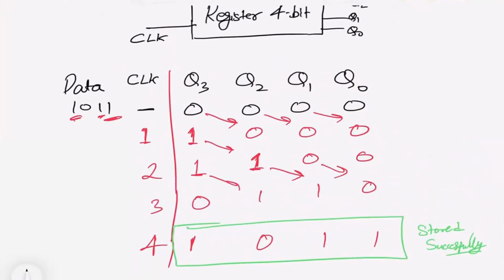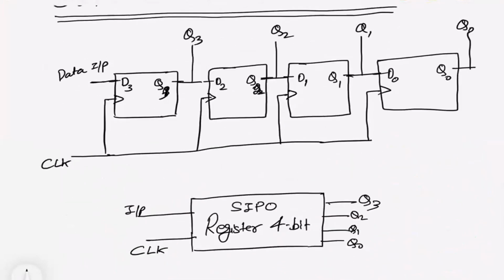If we want to store 1011, after 4 clock pulses here we have 1, here we have 0, and here we have 1, here we have 1. So that 4-bit data is already stored inside this 4-bit shift register. Now you can see that Q3 is directly connected at the place where this 1 is stored. Q2 is directly connected to the place where this 0 is stored.